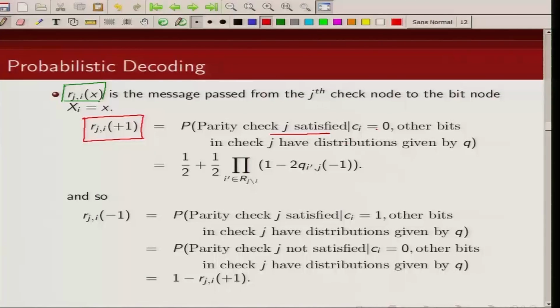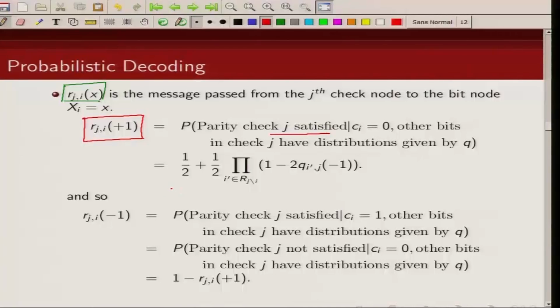Now, what is the probability that the jth parity check constraint will be satisfied given Ci is 0? That probability is given by the condition that all other bits taking part in the parity check constraint, other than the Ci bit, should have even parity, and that is given by this expression. Similarly, we can find the probability that RJI is minus 1. This is 1 minus this probability.